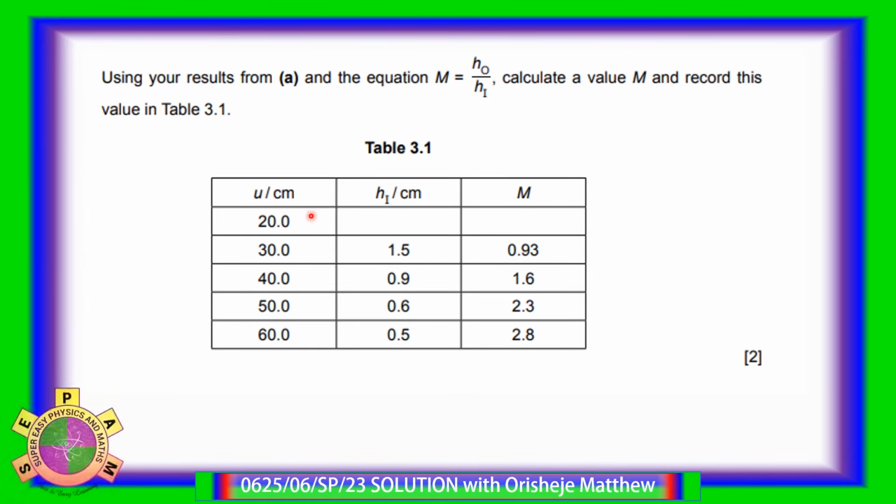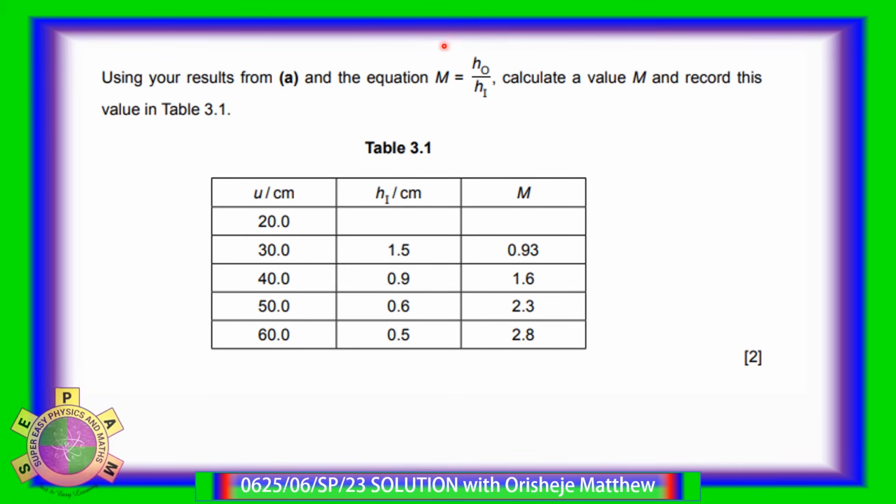I've said it before that students that do well in alternative to practical are students that follow the instruction and just follow what is given to you in the examination question, and don't try to answer the question based on the way you know that the practical ordinarily should be done.